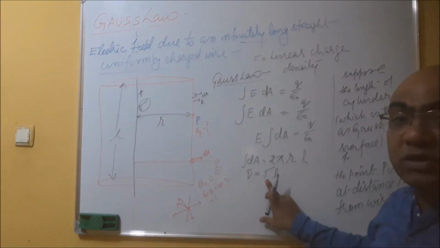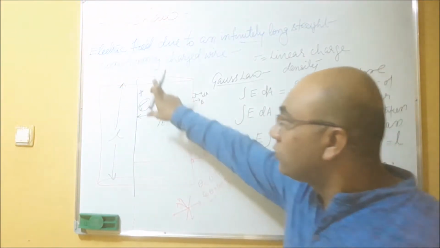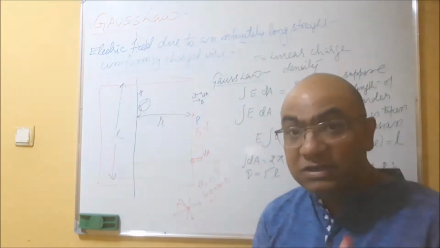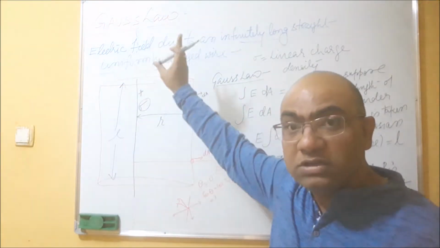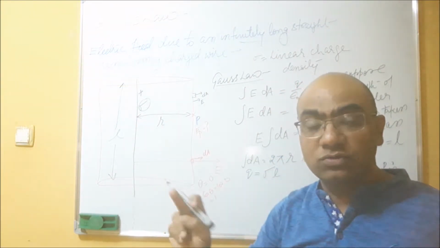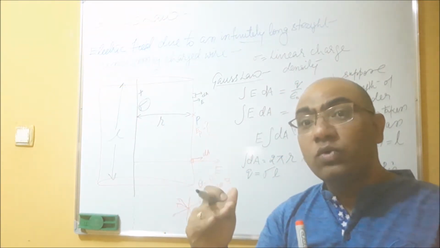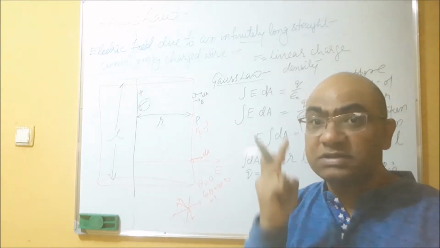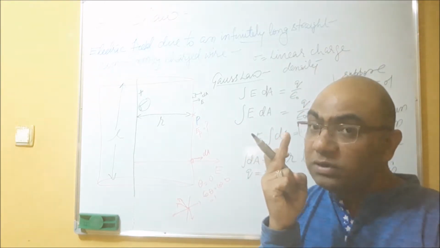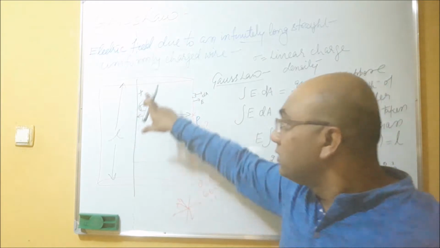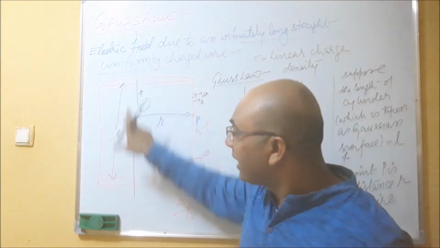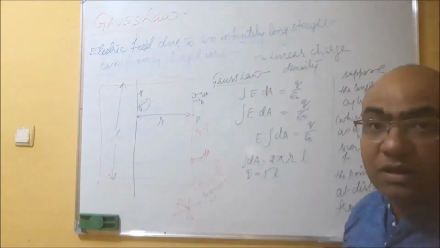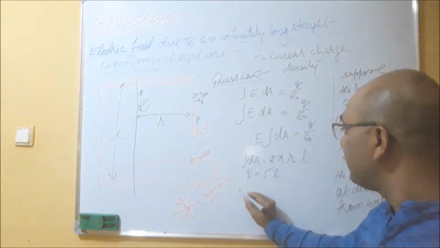So charge per unit length is sigma, and the total length of the wire which is enclosed matters. I am not talking about the hole because the hole is not enclosed. I told you earlier also that we consider only the charge inside the Gaussian surface, and that charge is sigma multiplied with the length L, so Q is sigma L. So you substitute all these values here.